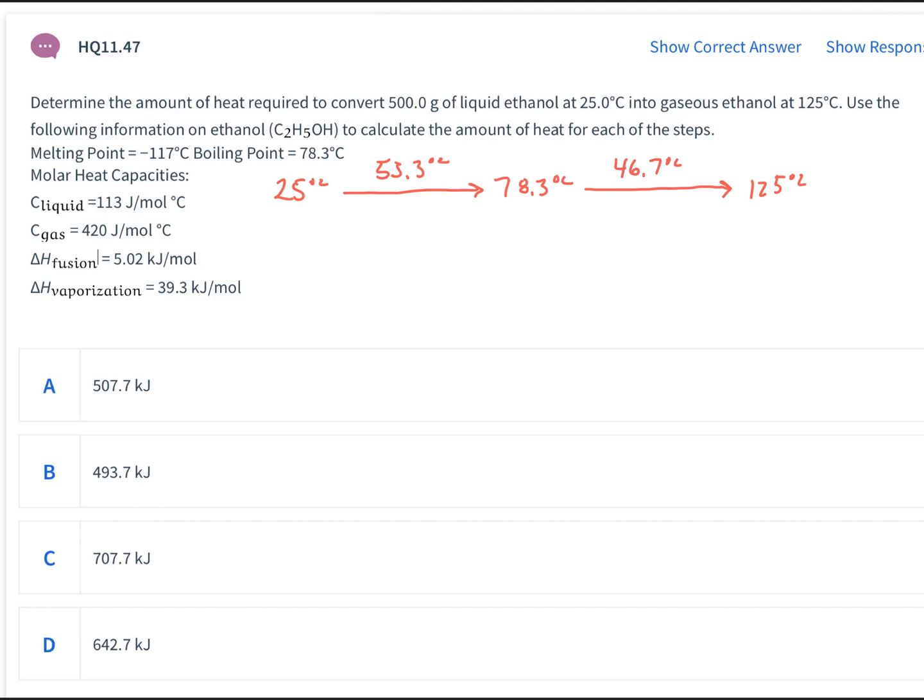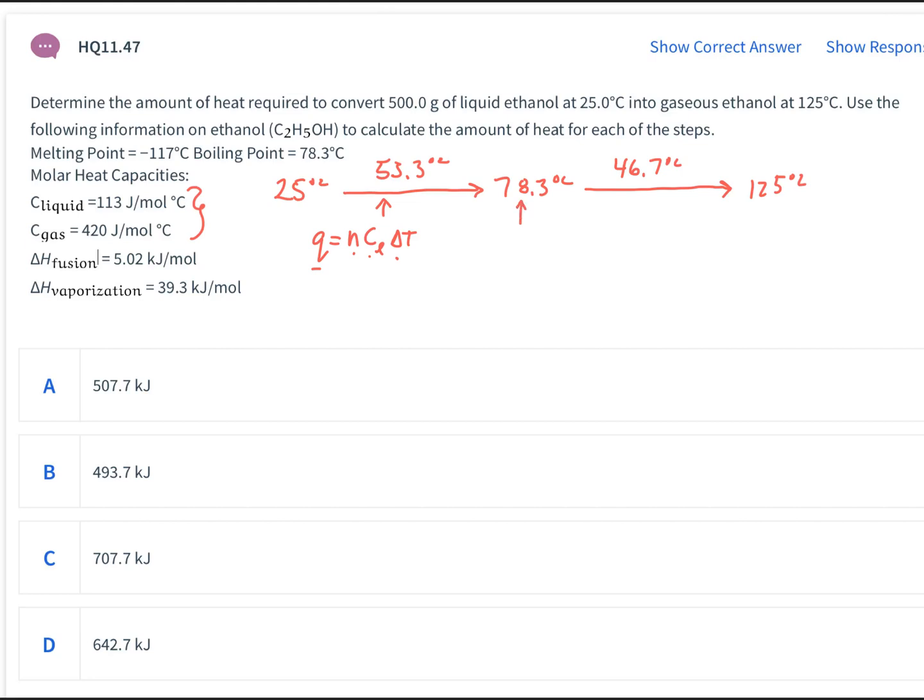So for the first calculation, I need Q equals n C of the liquid delta T. I need to find the heat for the number of moles times the molar heat capacity times the change in temperature. They've given us molar heat capacities over here, so we're going to have to use how many moles of ethanol we have in the equation.